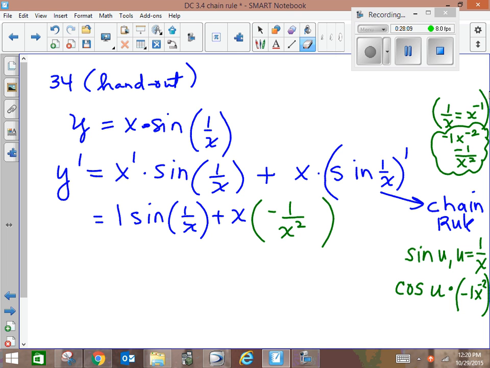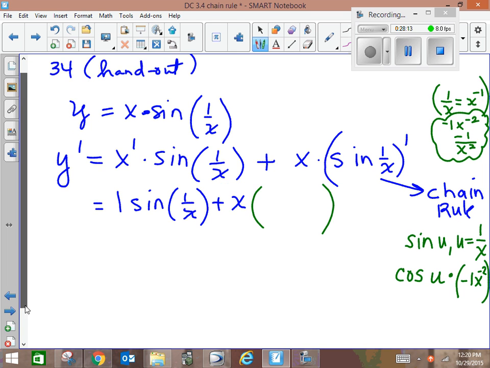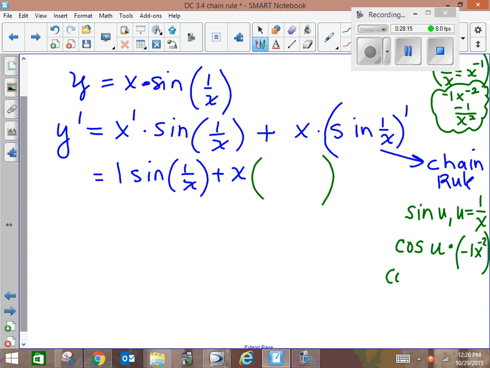We didn't finish the chain rule. Cosine of 1 over x times negative 1, with the x squared underneath. I put my u back in. Do you all live with that?